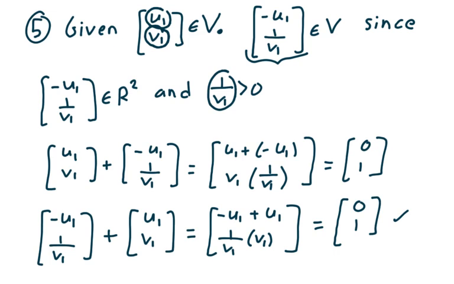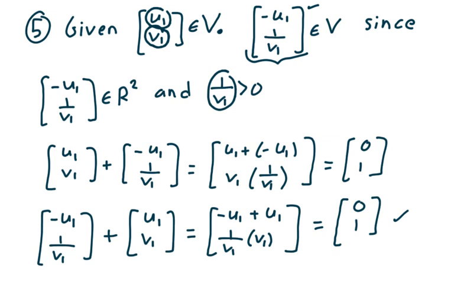So, take the column vector u1, v1 and add it to the column vector negative u1, 1 over v1. So I want to make sure you understand. In the first component, I'm adding, and that's why I looked at the additive inverse of u1. In the second component, we're multiplying, which is why I looked at the multiplicative inverse of v1 to construct my additive inverse, basically.